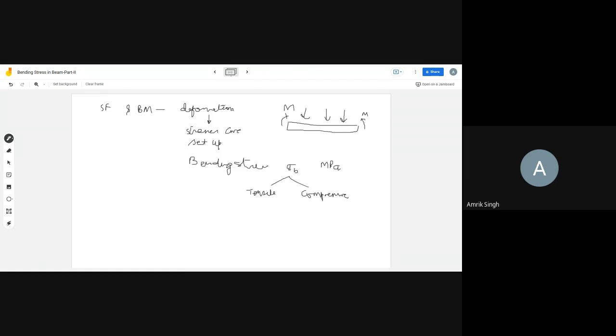So if you see here, if this beam is bent like this because of the load, then this phenomenon is a positive sense of bending. This is known as sagging. This we have learned. For this, the moment will be in this direction.